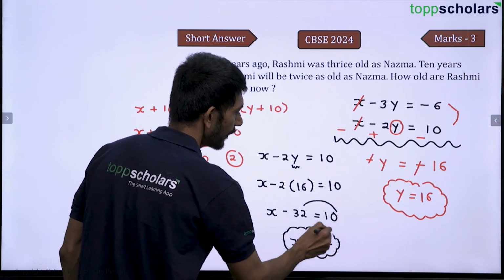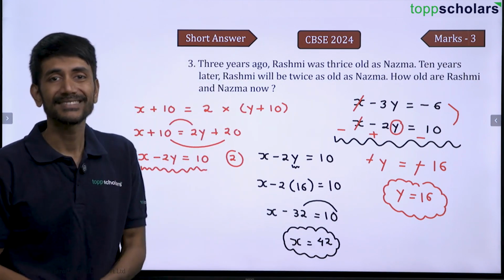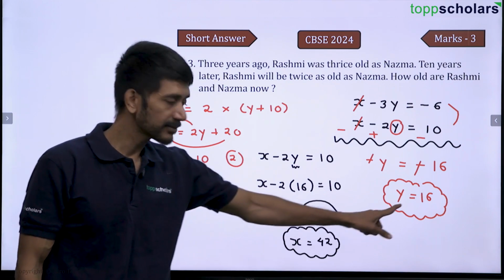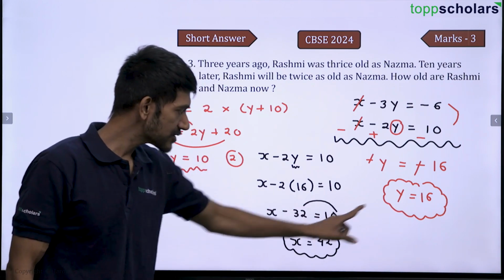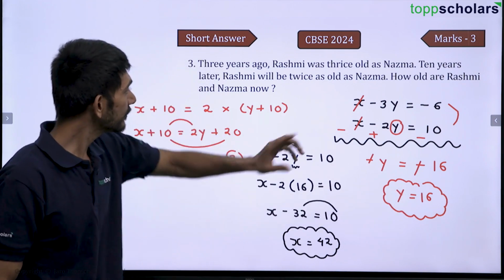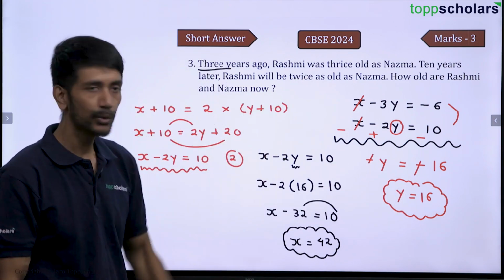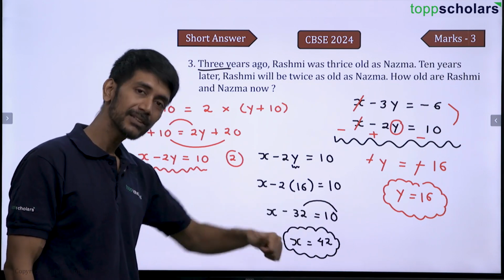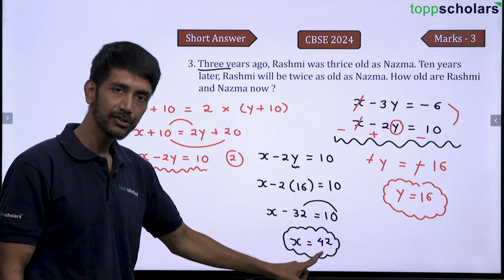Okay. Now tell me one thing. How do we know whether our answer is correct or not? This is Rashmi's age. This is Nazma's age. What we will do is we'll see the condition. 3 years ago. This is the current age, right? So what is the age of Rashmi 3 years ago? Right now her age is 42.